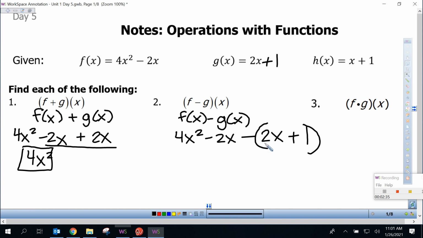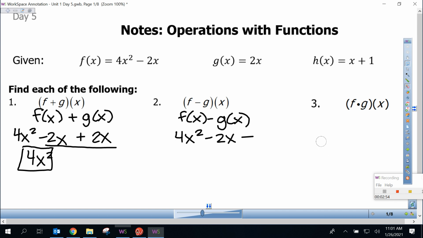So if you are subtracting, just keep that in mind. If you're subtracting something other than a monomial, you would have to distribute that negative. So just FYI, I added that in there, because you may see something similar to that on your assignment, and I want to make sure I point that out. So this was f of x, and we are subtracting g of x, which is 2x.